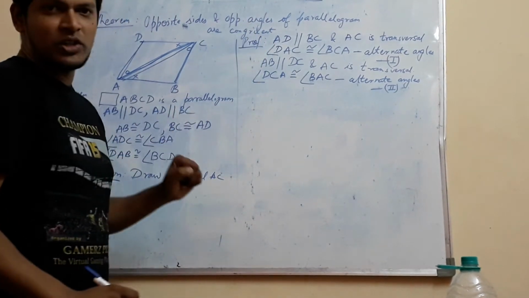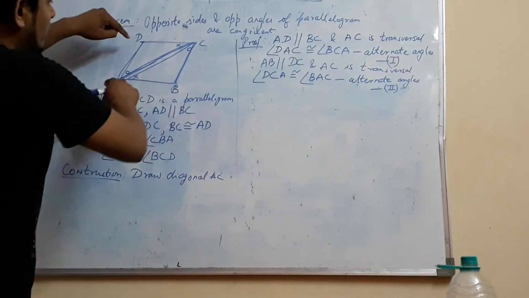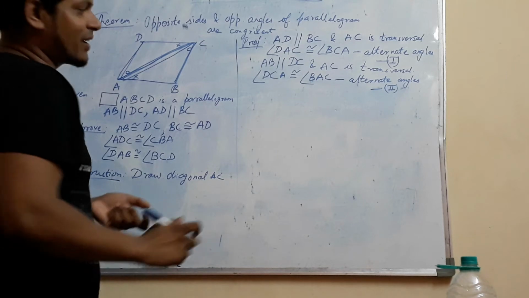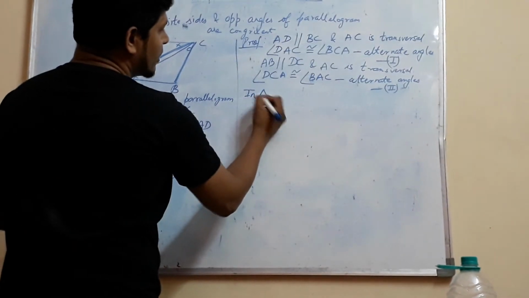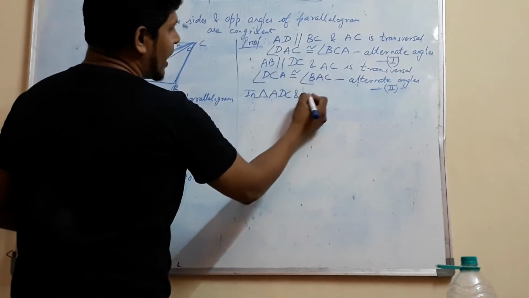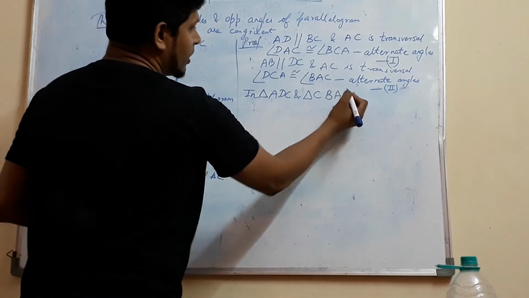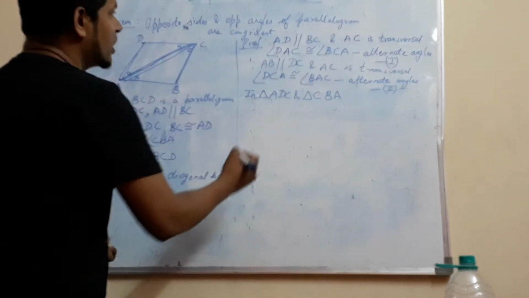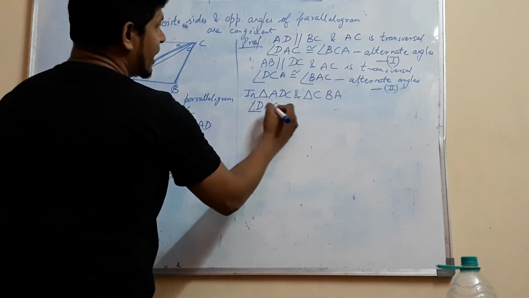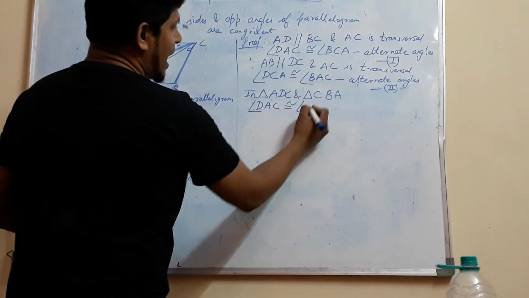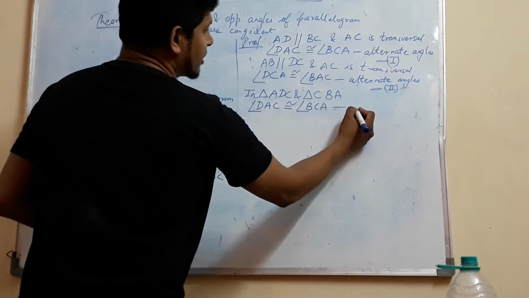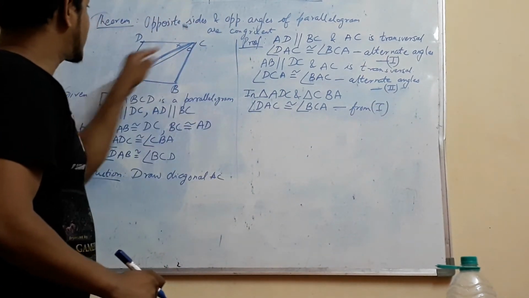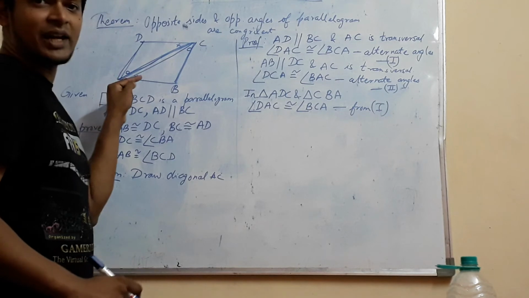Now we have the information about the angles, and because of this diagonal, now we have two triangles. So let us study those two triangles. If we see, we have triangle ADC and triangle CBA. Here I have angle DAC congruent to angle BCA, that is from 1, and we can see the common side, that is AC.